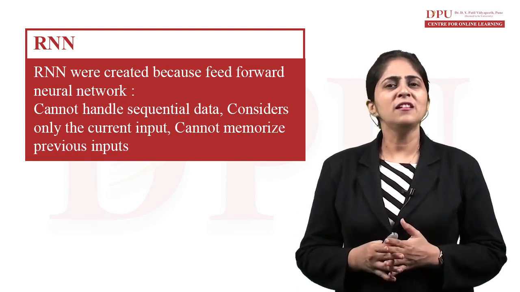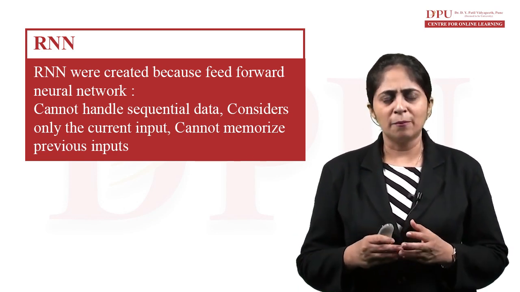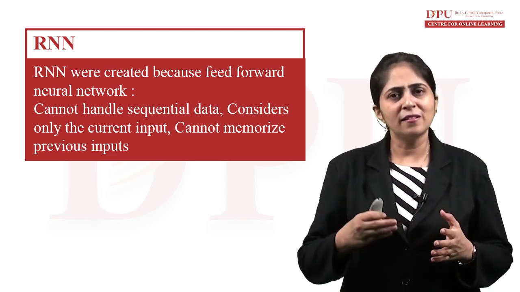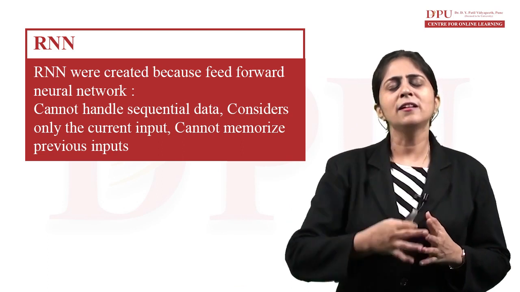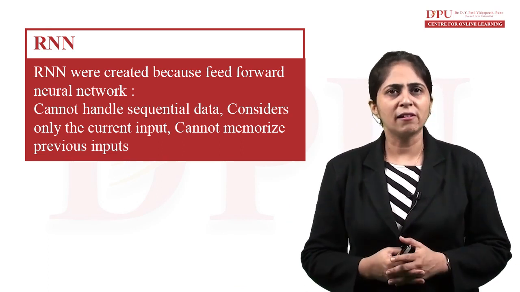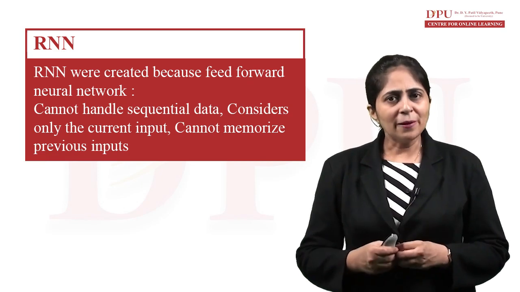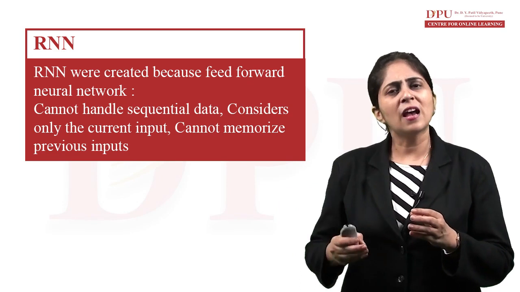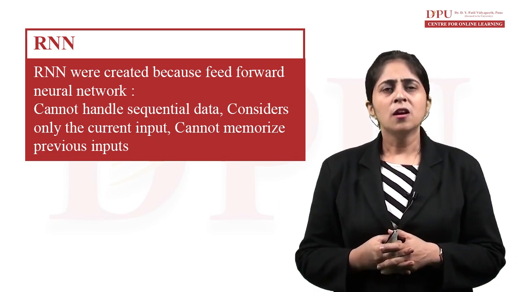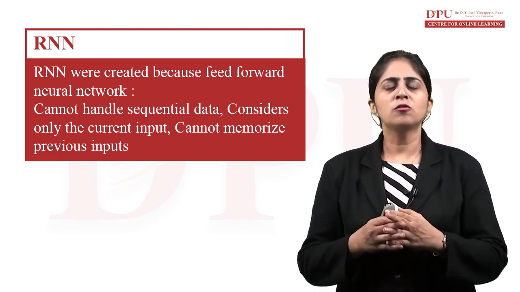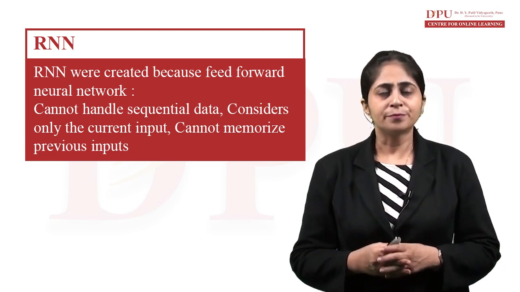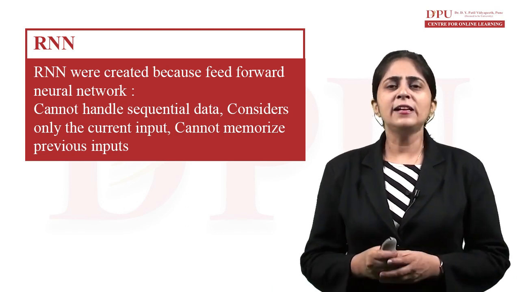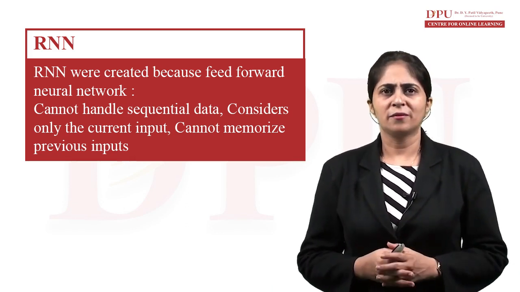Sometimes we want to handle sequential data, meaning data coming in sequence, and take it back to achieve the right results. Sometimes we want our output to consider the outputs that occurred in the previous stages. So we need some memory to store these previous inputs. To handle these kinds of issues, the recurrent neural network was discovered.